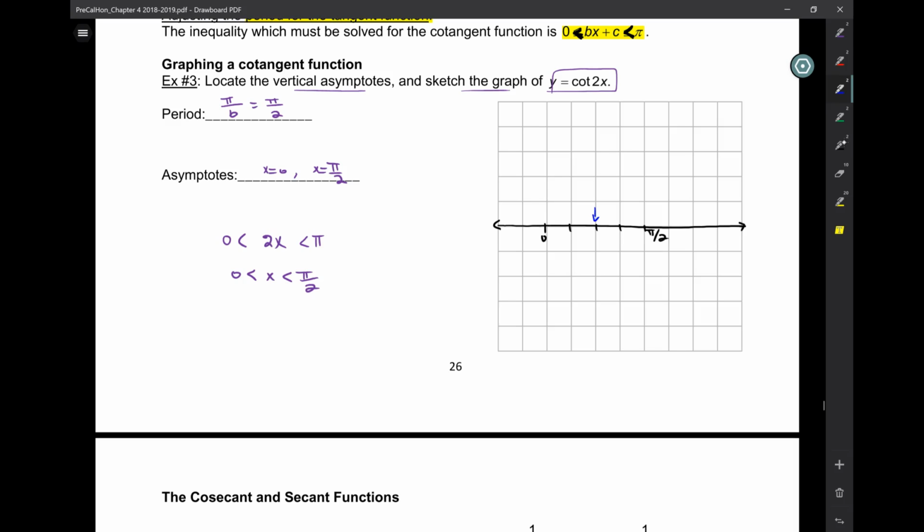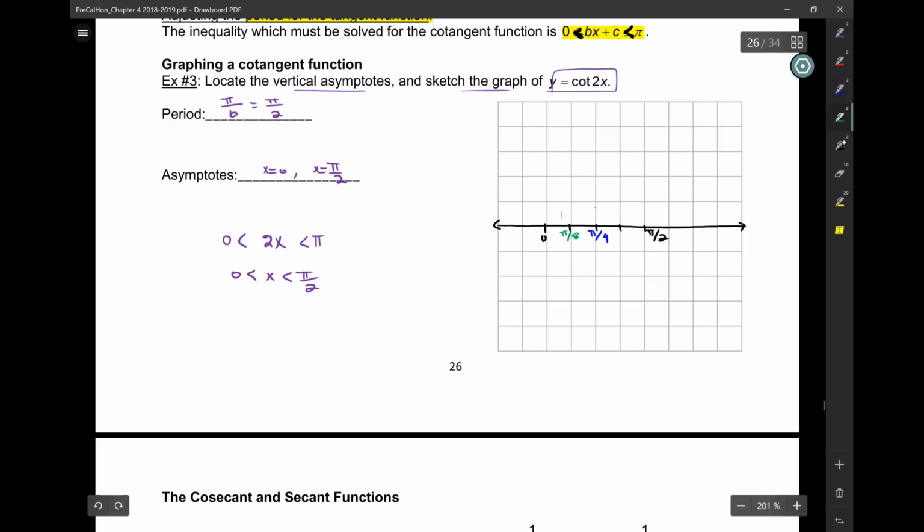This is the center of 0 and pi over 2. That's what I take. I add, divide by 2, and what do I get? Pi over 4. Here, okay, that first one in this green, now, that's the midpoint of 0 and pi over 4. I take those two, add, divide by 2, and I get pi over 8.